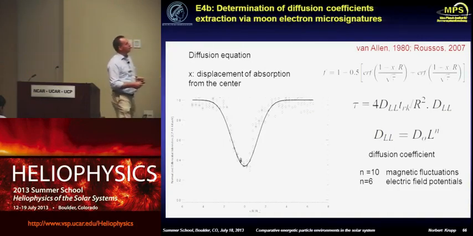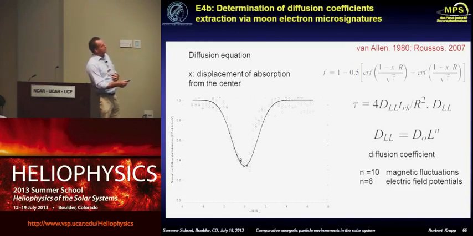What is shown here is, in that case, the moon Tethys, which prevents particles from going up and down the field line around the moon. Some of them are lost, so you see the normalized intensities in an electron range, which is listed here, 40 to 60 keV.